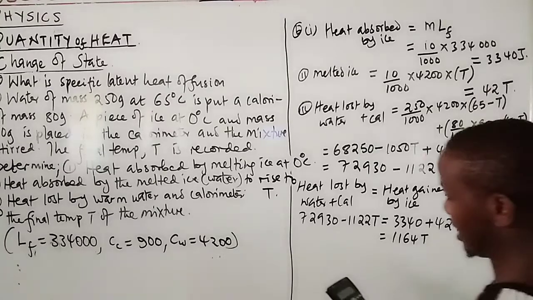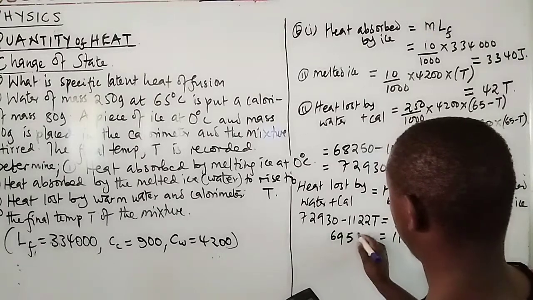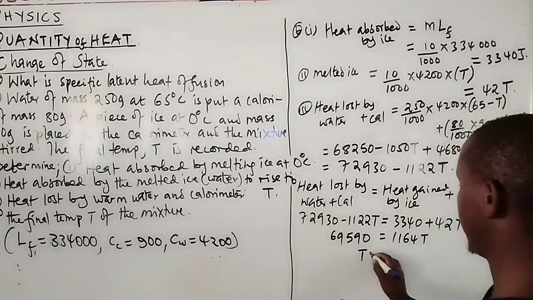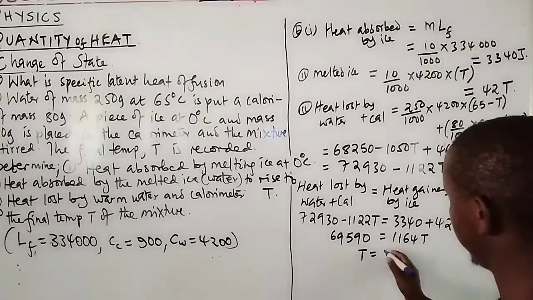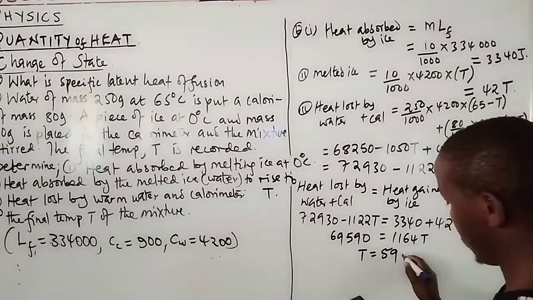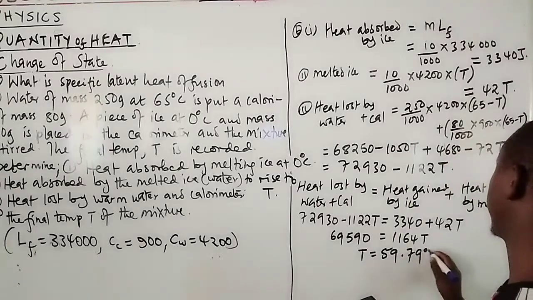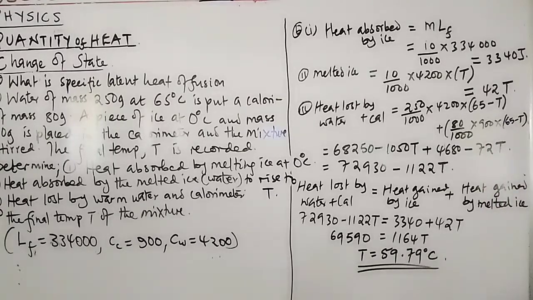This gives us 69,590. Therefore, to get T, the final temperature, we divide by 1164. This gives us 59.79 degrees Celsius. So this is the final temperature which had been attained.